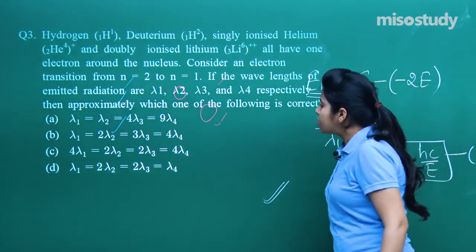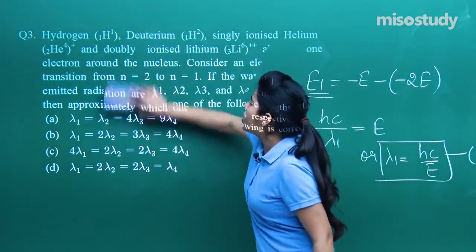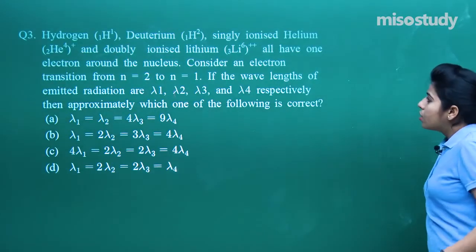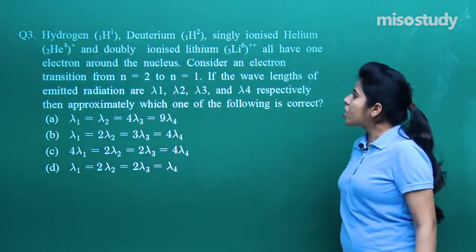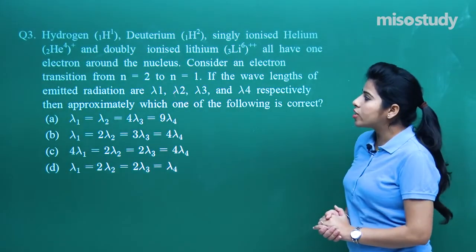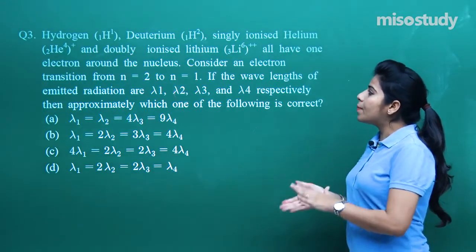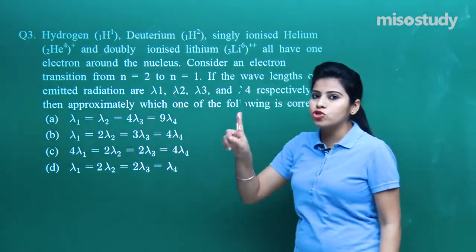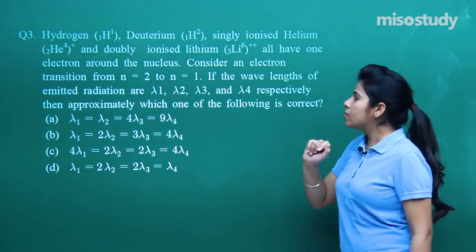So, question number 3. What I can see before me is hydrogen, deuterium, singly ionized helium, that is 2He4 plus, and doubly ionized lithium, all have one electron around the nucleus.